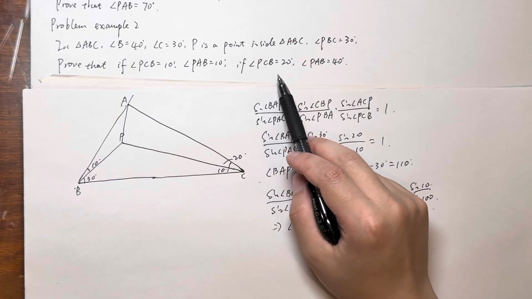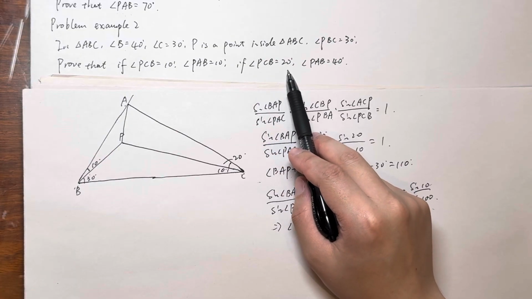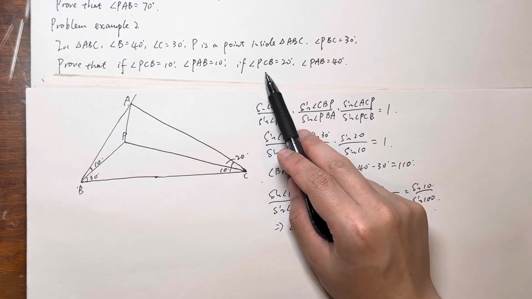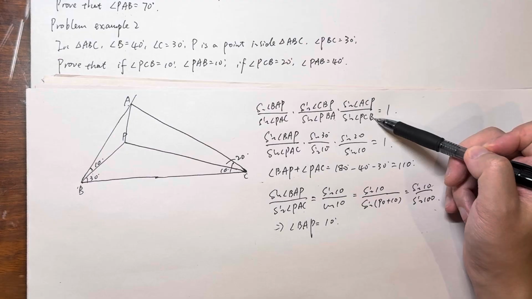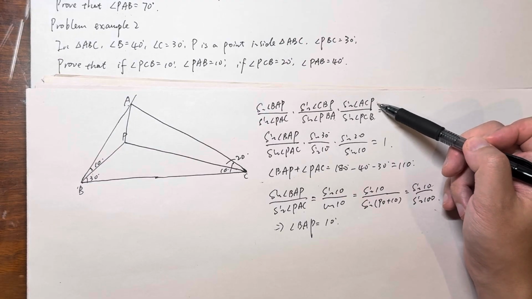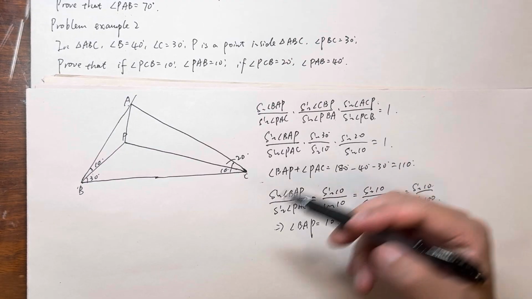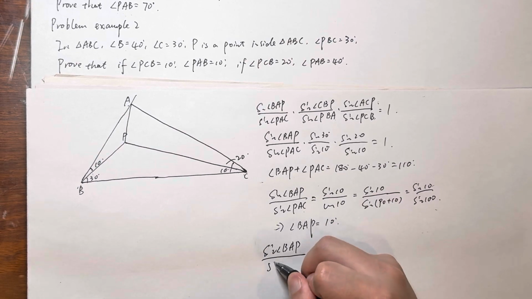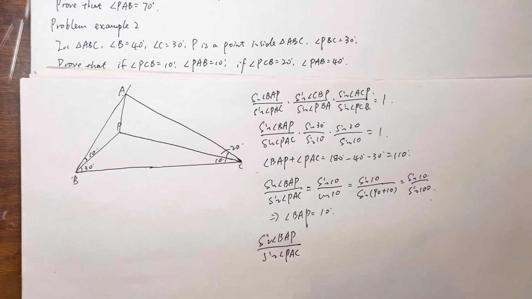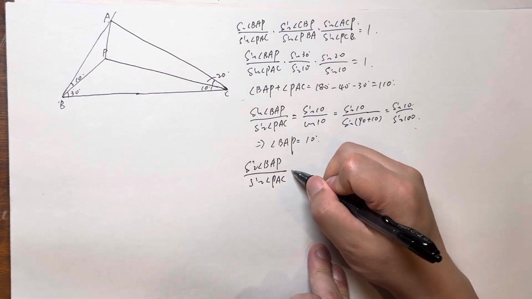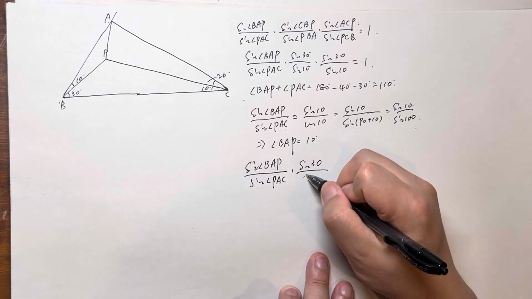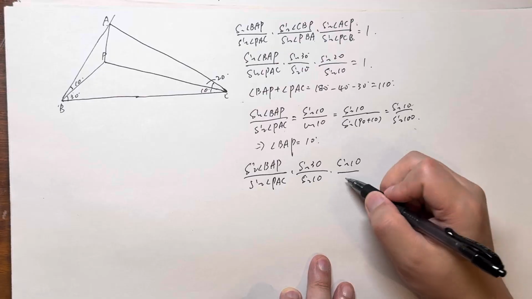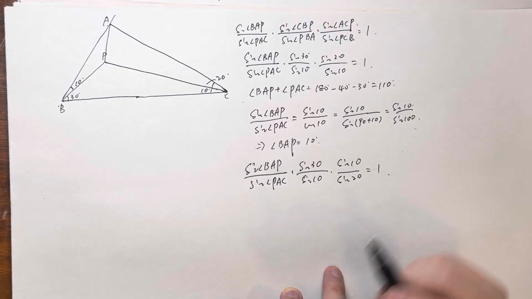And for the second case, the angle PCB equals 20, and we want to prove that angle PAB equals 40. Notice that angle PCB is 20, so here is 20. That means the angle ACP is 10 degrees. So we just need to flip these two, right? So for the second case, we have that sine angle BAP to sine angle PAC times sine 30 divided by sine 10 times sine 10 divided by sine 20 equals 1.